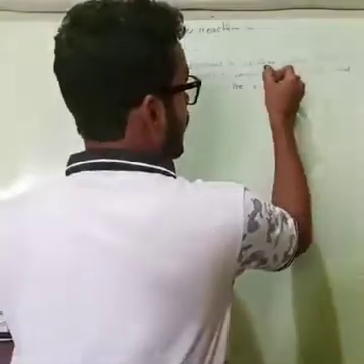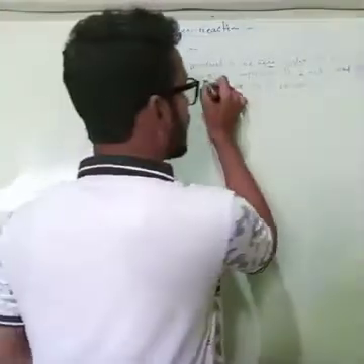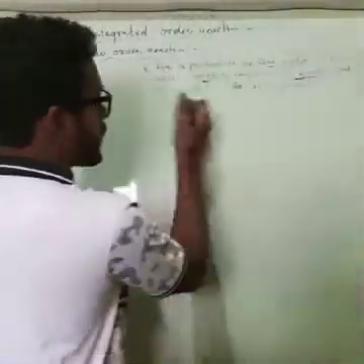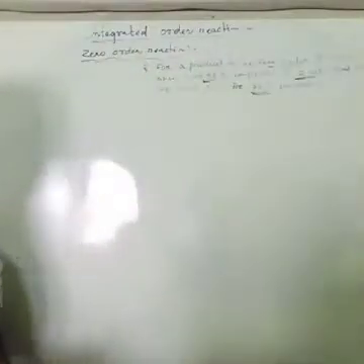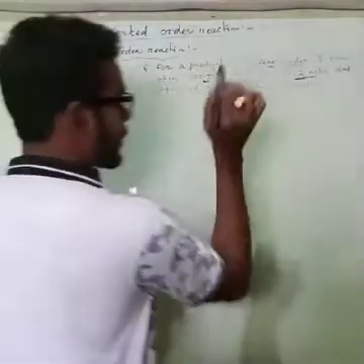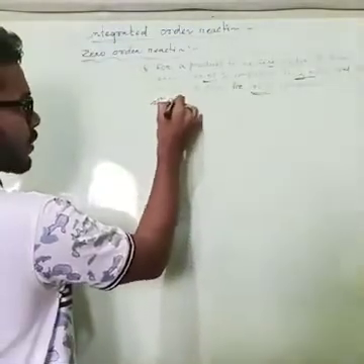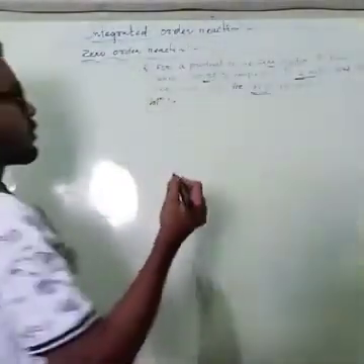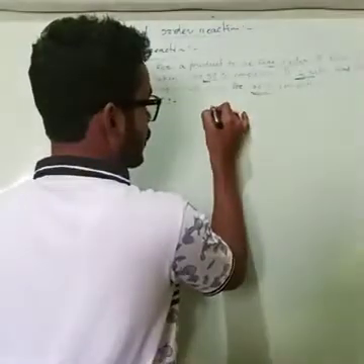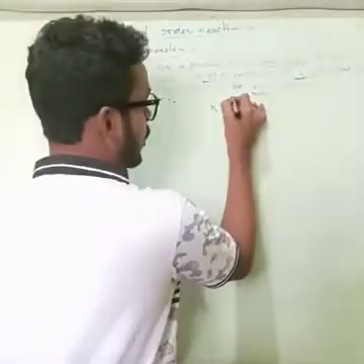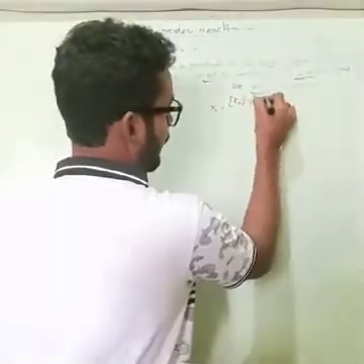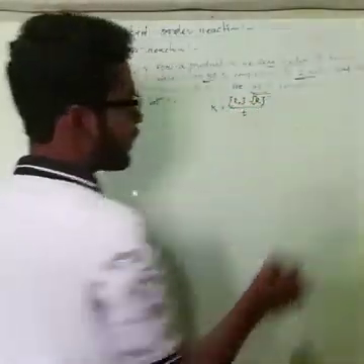Read the question. For a reaction to be zero order, given that this must be zero order, if the time taken for 50% completion is 2 minutes, find the time required to reach 75% of completion. It is already mentioned that this is zero order and the time taken for 50% is given. So solution, how will you do? The formula we know is k equals R naught minus R by t.